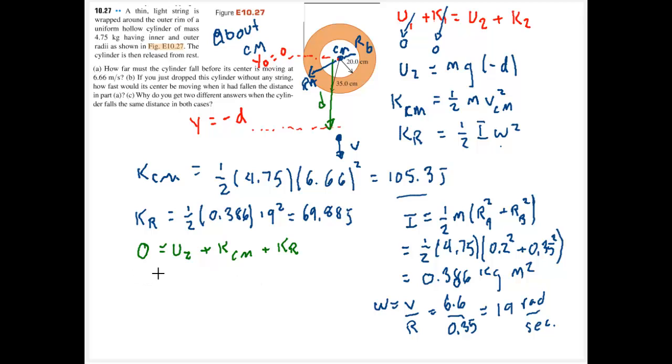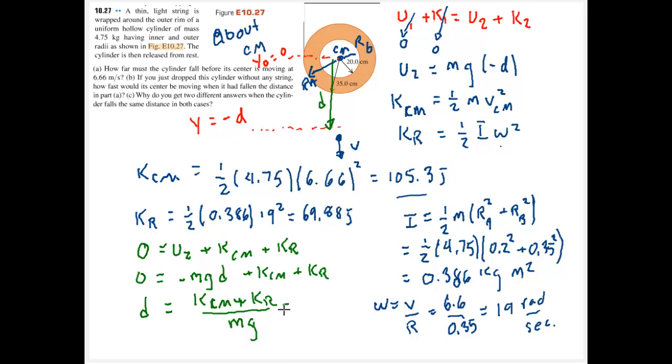So I'm going to say 0 is equal to negative mass times gravity times distance plus K_cm and K_r. So I can add mass times gravity times distance to both sides, and then divide by mass times gravity to say that the distance equals the sum of the kinetic energies, about the center of mass and rotational, divided by mass and gravity.